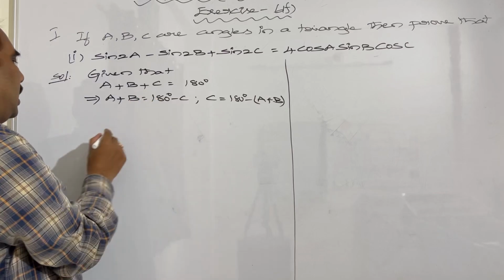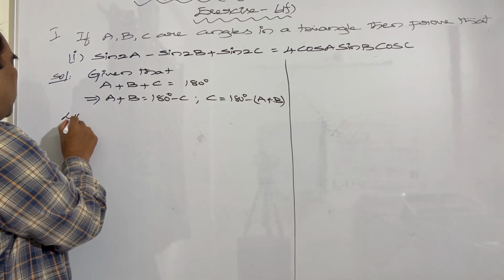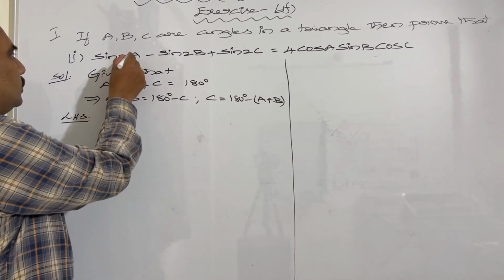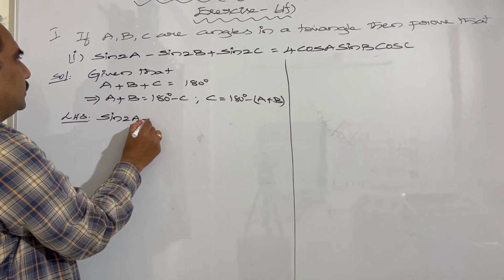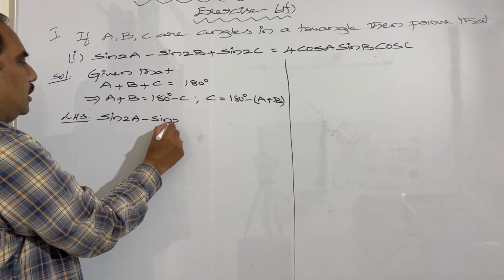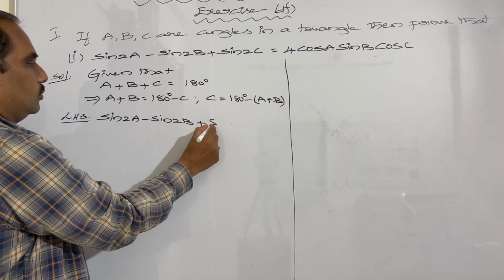Now taking the LHS, that is sin 2A minus sin 2B plus sin 2C.